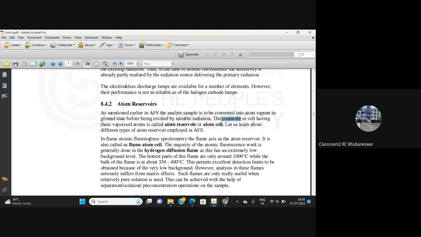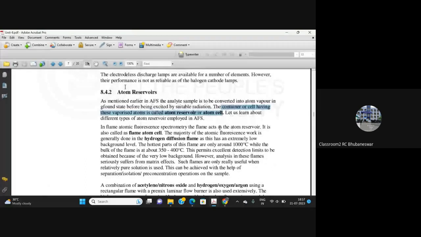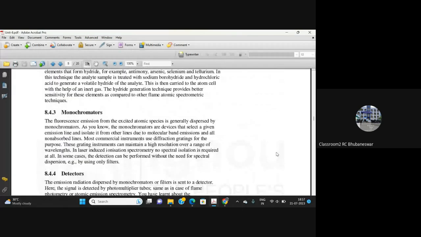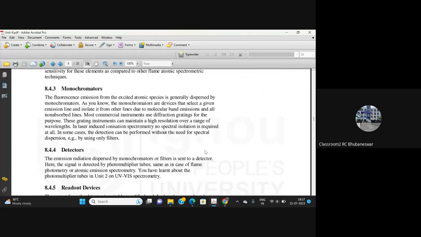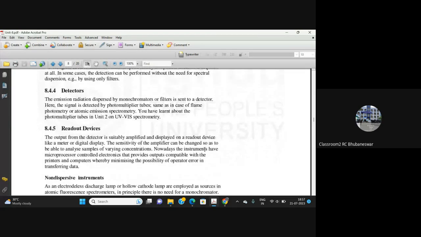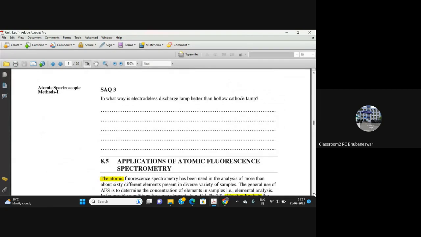The container or cell having these vaporized atoms is called the atom reservoir or atom cell, where atomization is happening. Then the monochromator, through which the radiation passes, making it monochromatic. Then the detector and readout device, the simple way which we have already studied in various methods.